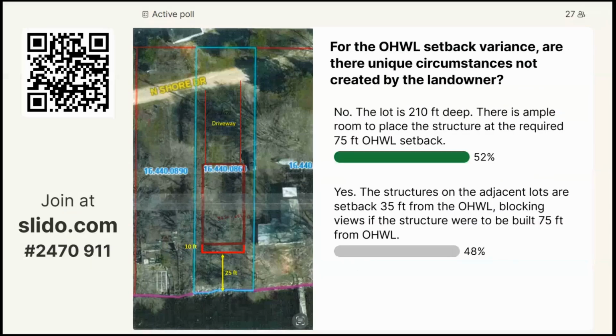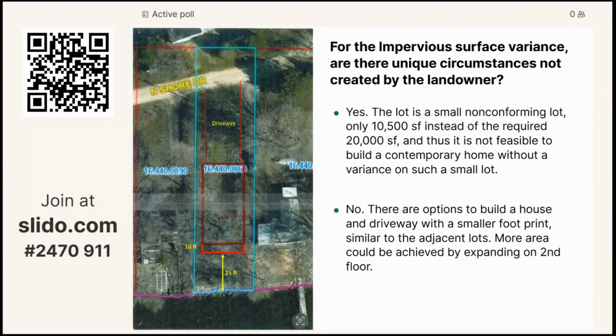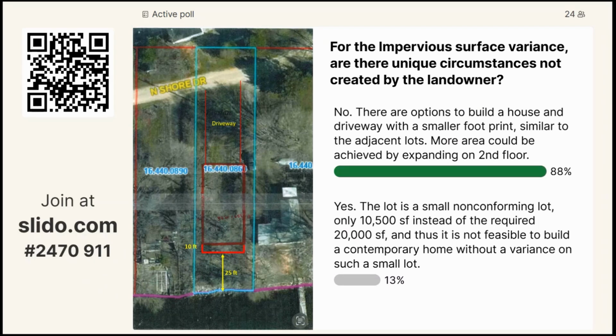All right, let's look next at the impervious surface variance. In this case, are there unique circumstances not created by the landowner for the impervious surface requested variance? We may be coming to a settling point here. The no's definitely have it in this case.